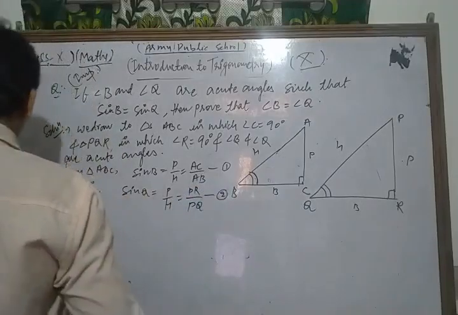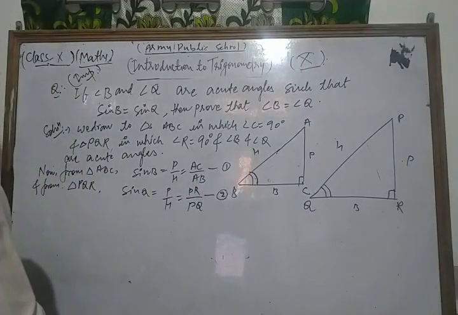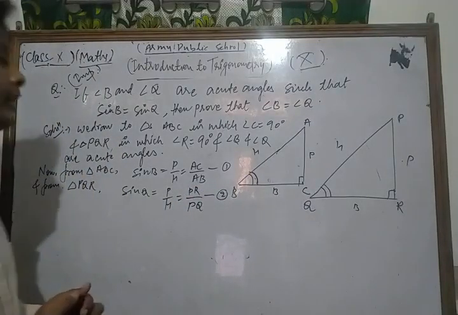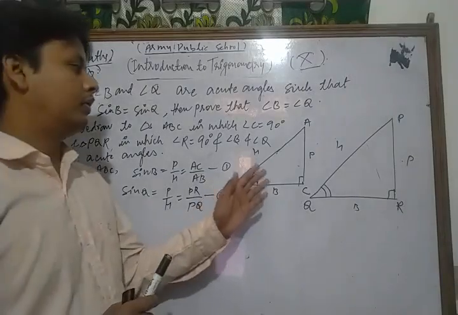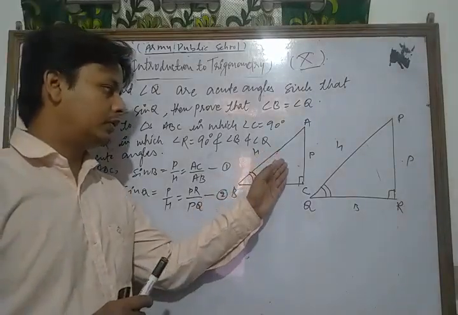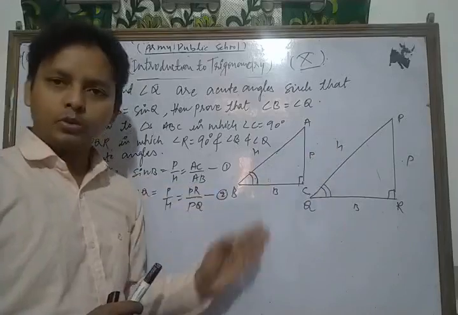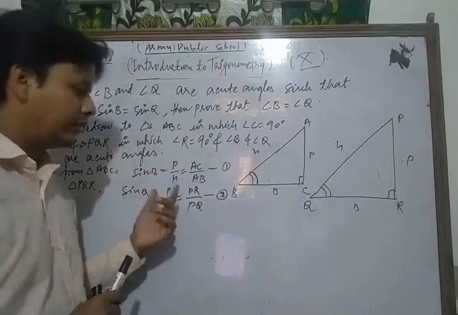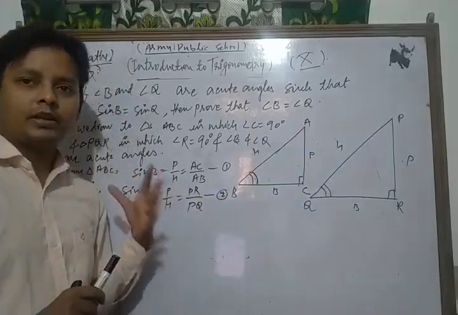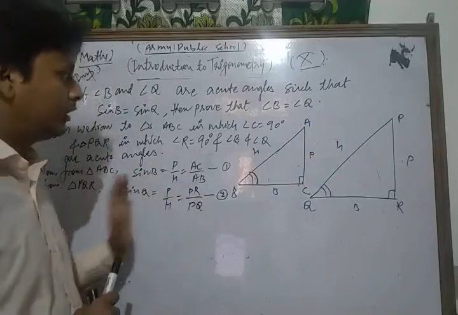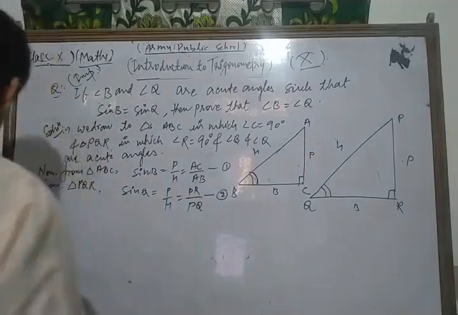We take equation number 2. Okay, so in this way, with the help of triangle ABC and triangle PQR, we find the value of sine of angle B and sine of angle Q.